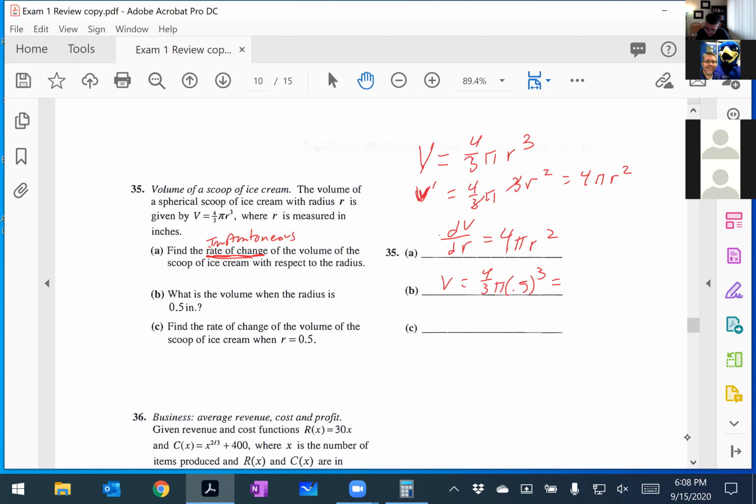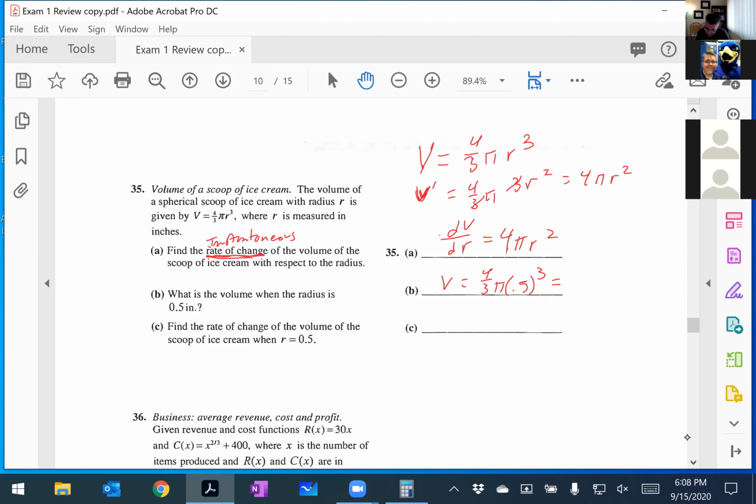So delta V over delta r, instantaneous rate of change, which we call dV over dr. In our case, the limit as delta r goes to 0, so dV/dr is equal to 4 pi r squared.